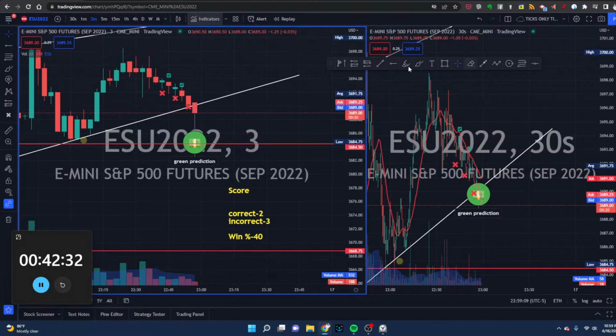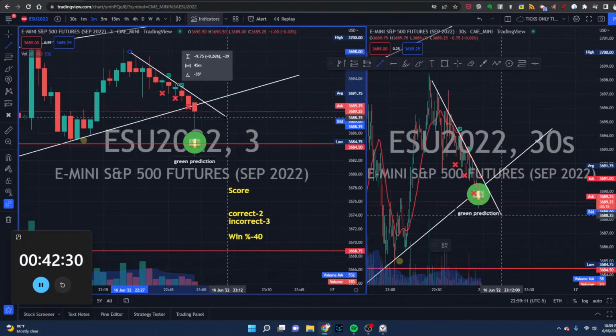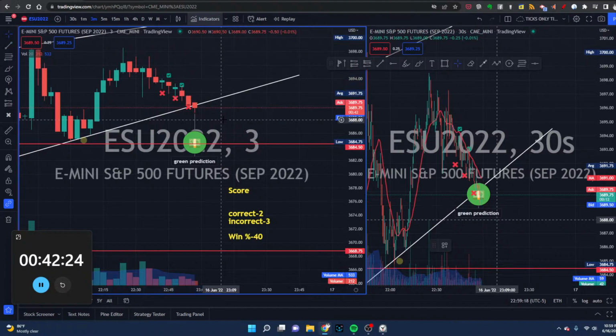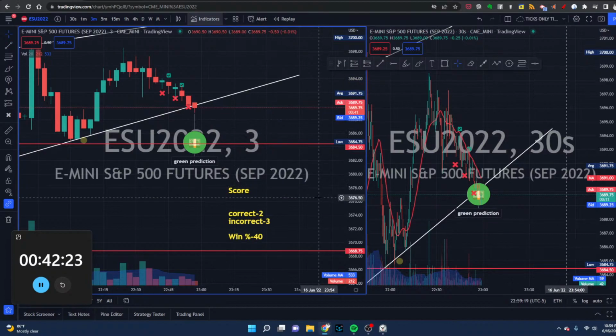Let's check out the slope of this here. You got a 38-degree slope. That should be broken fairly soon here.